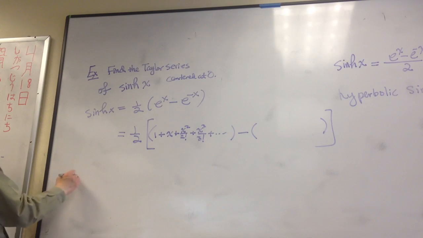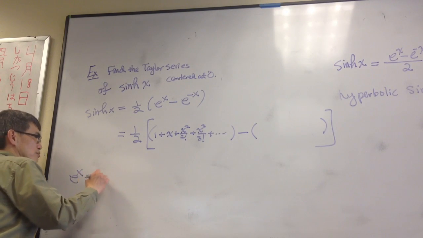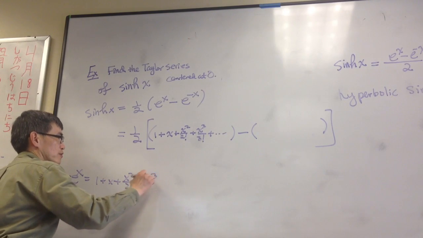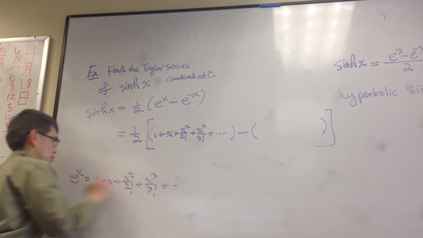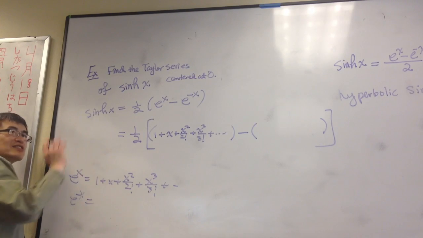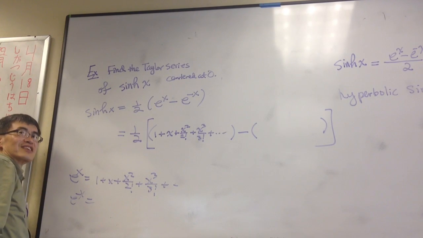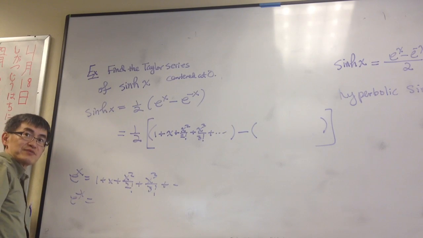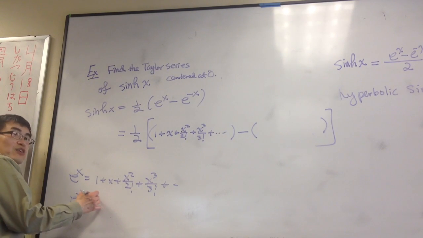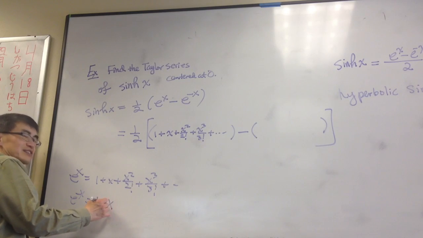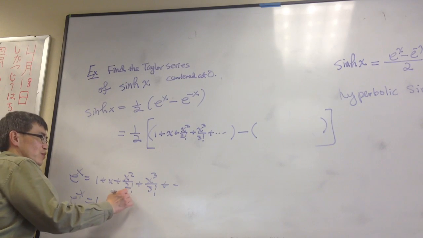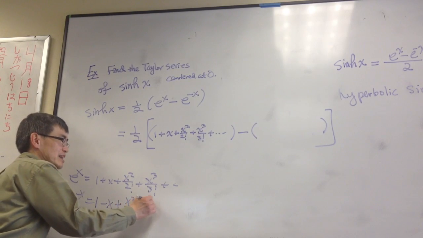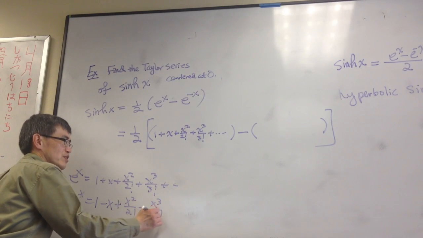If e to the x is 1 plus x plus x squared over 2 factorial plus x cubed over 3 factorial, and so on, then what is e to the negative x? Yeah, you just replace x by negative x. Right? So what is that? 1 minus x plus x squared over 2 factorial minus x cubed over 3 factorial. Are you with me?